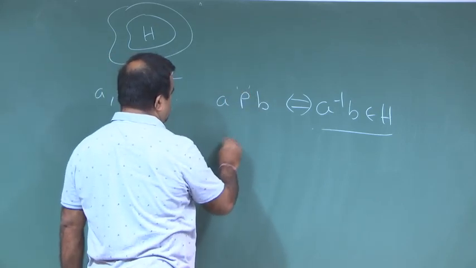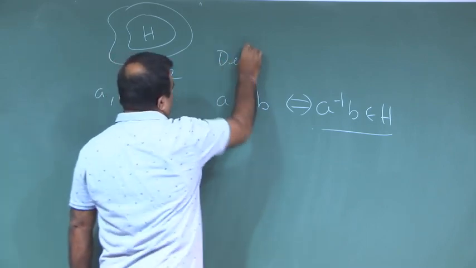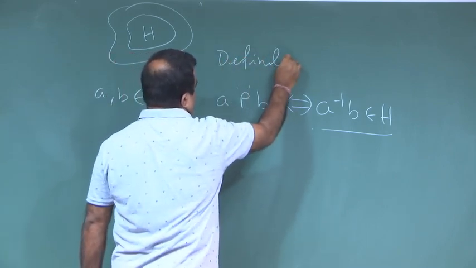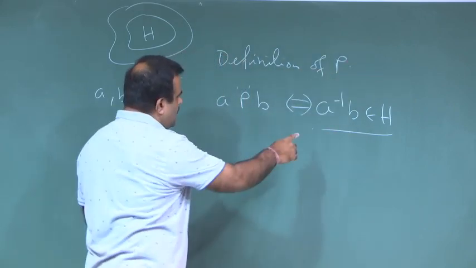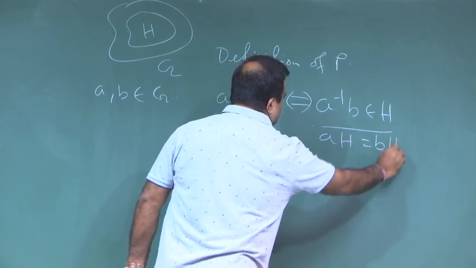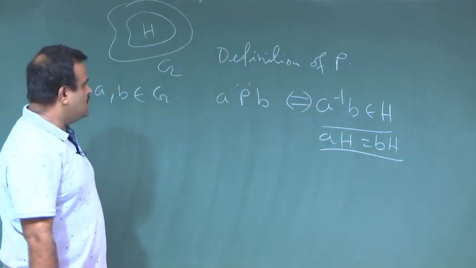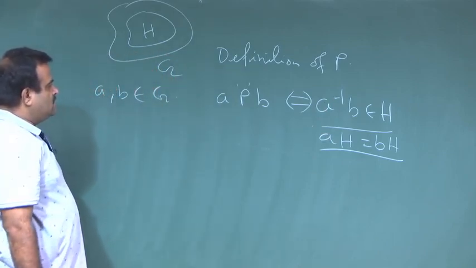This rho is a relation. In other words, A is related to B if and only if AH equals BH, because of the earlier theorem we have seen, this is the necessary condition for AH equal to BH.